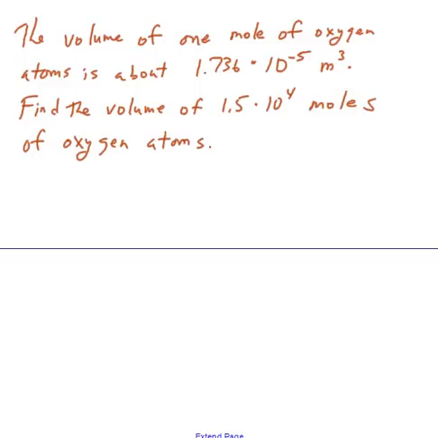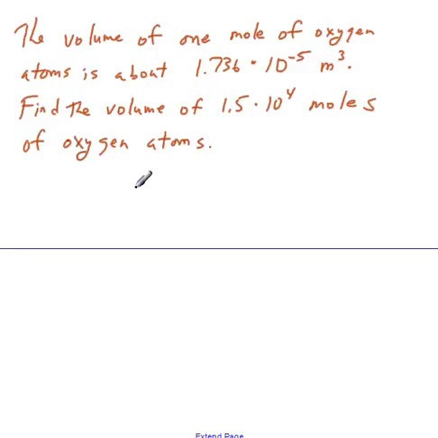Okay? Now the volume of 1 mole of oxygen is about this. It's a very small fraction of a cubic meter. Find the volume of this many moles. So this would be like if I have a beaker of water and I say it's got this volume. Now I have 10 beakers of water, or 50 beakers.